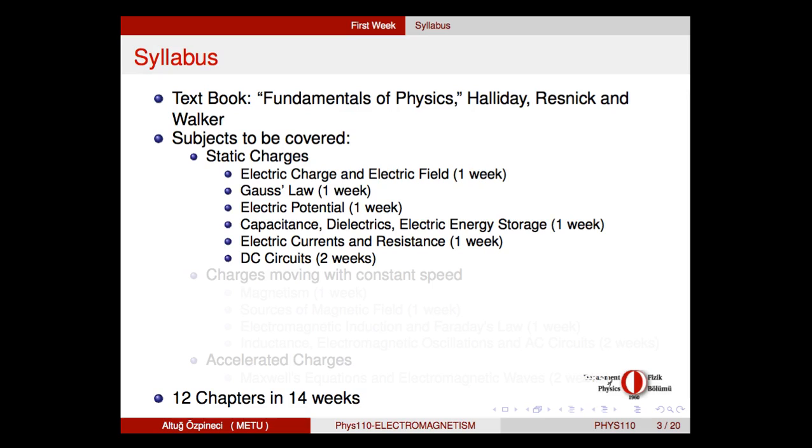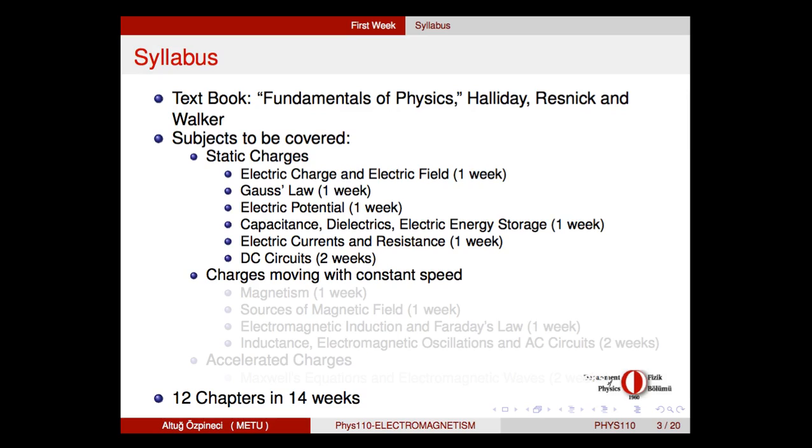The next step: first we have charges at rest in an arbitrary reference frame. Then we go to charges that are moving with constant speed, that is, motion with zero acceleration. We will see that there is another aspect of this electromagnetic force that we call magnetism. If you have ever played with magnets, they are actually kind of moving charges that create this magnetic effect.